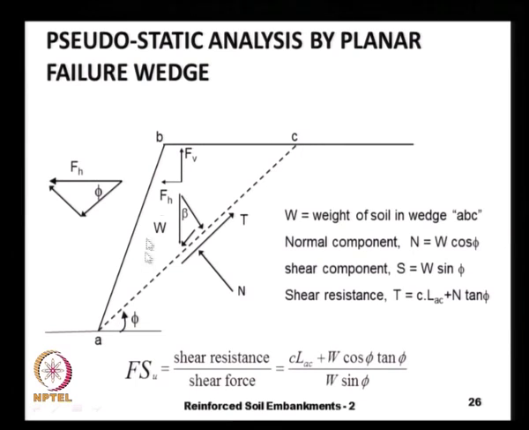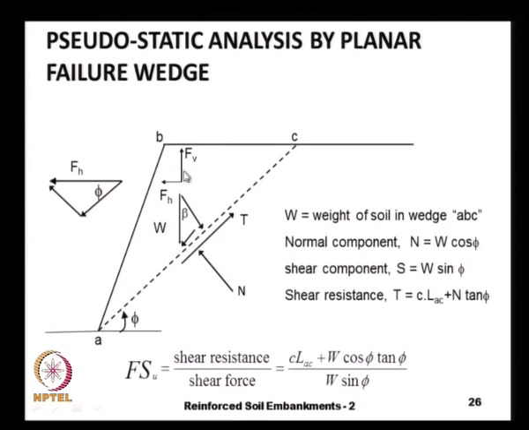Let us consider the same slope at an angle of beta, and the rupture surface is at an angle of phi, that is the most critical rupture surface, and we have earlier considered the normal force N, T, and then the shear force acting down.